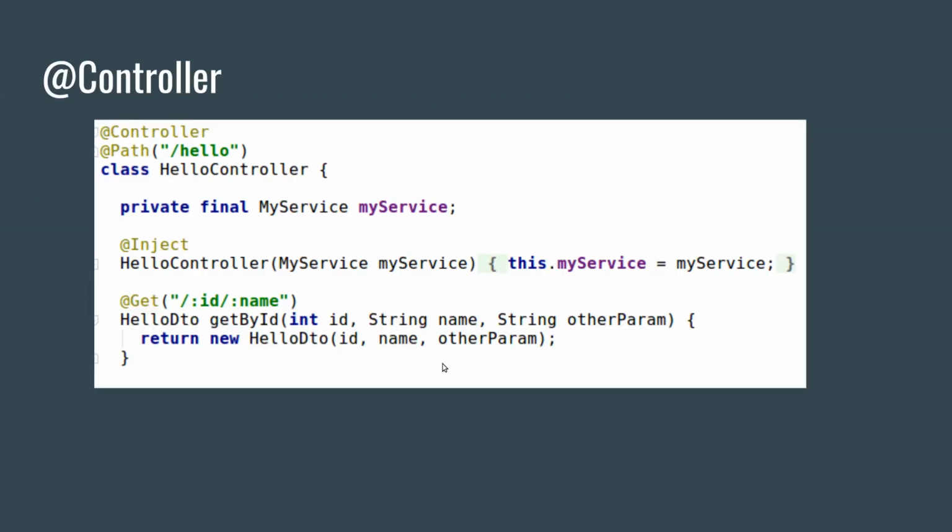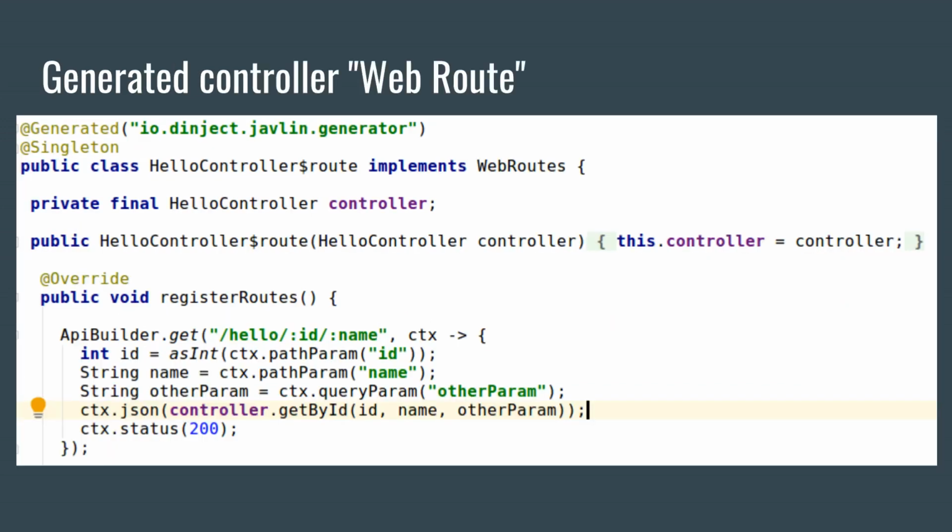Quickly, before we get into some actual code, we have an @controller, an @path, and we can have dependencies, and we can have methods on it such as @get, @put, etc. These can have path parameters, and essentially from that the annotation processor will generate something like this.